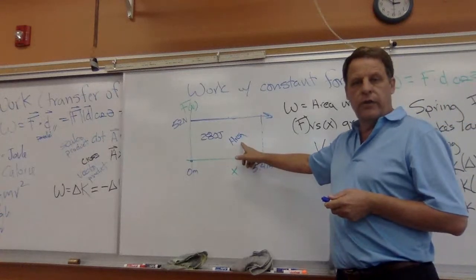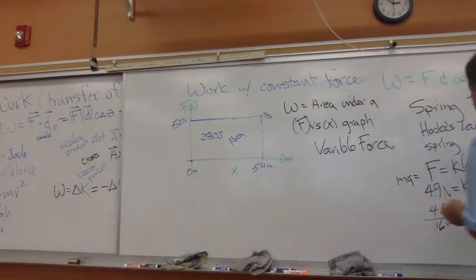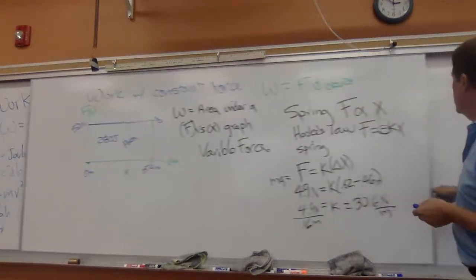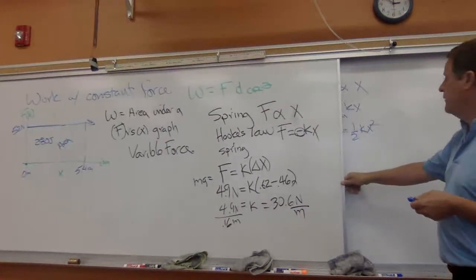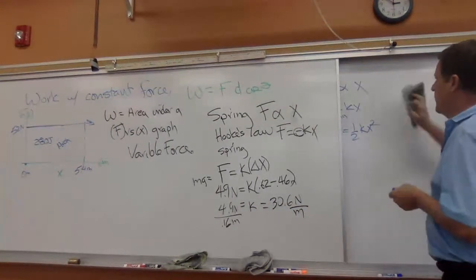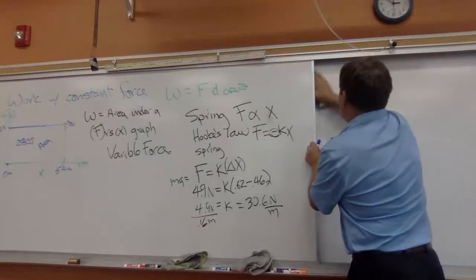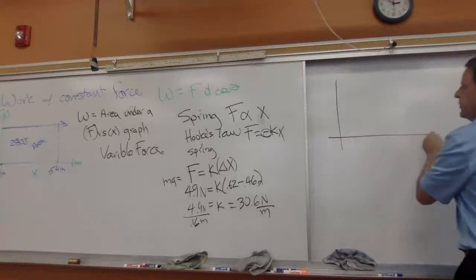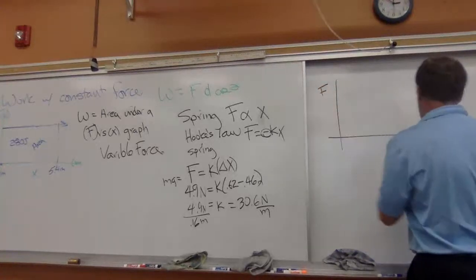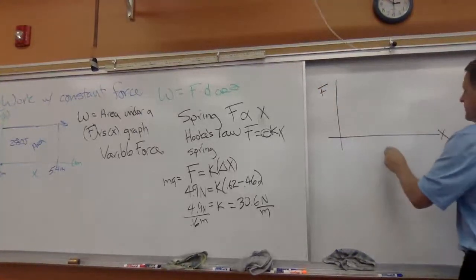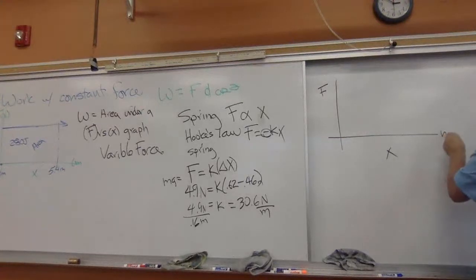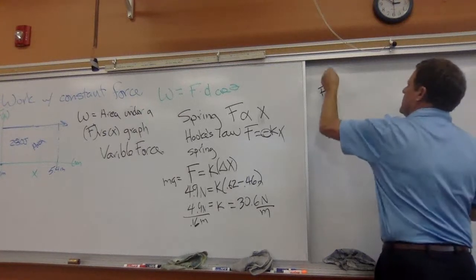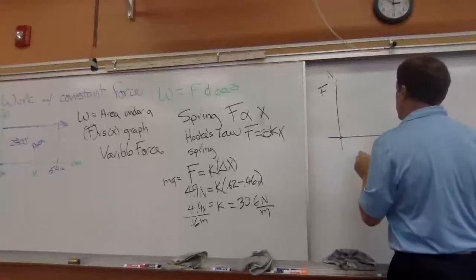In the same way that we graphed this to calculate our force, we're going to make another graph. This time that is going to be equal to a variable force. So again we have force and we have displacement, and we're going to start at 0, 0.